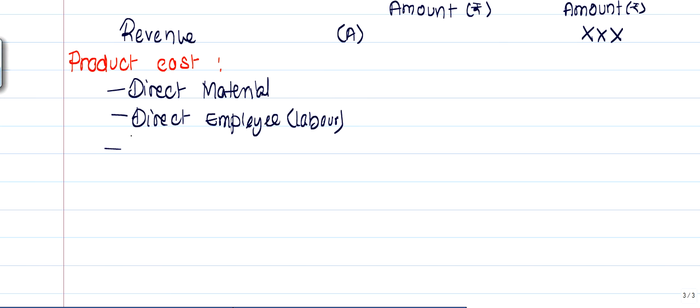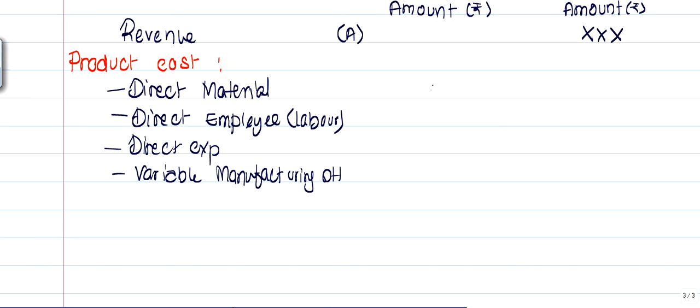next comes direct expenses. These are variable. Next comes variable manufacturing overhead, all in the inner column. We have to write product cost in the outer column.